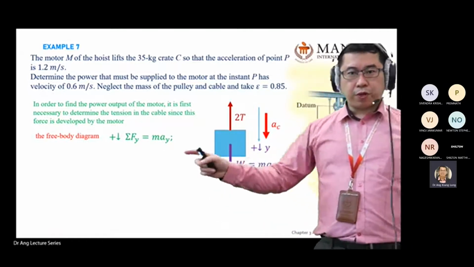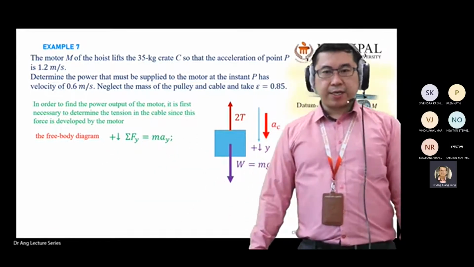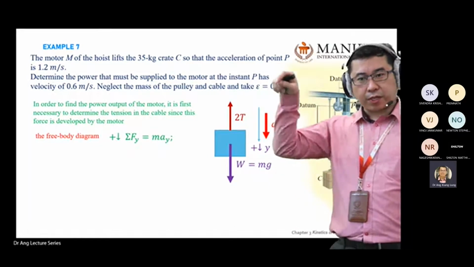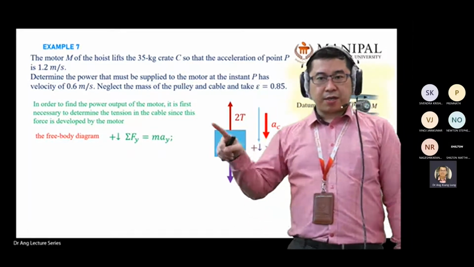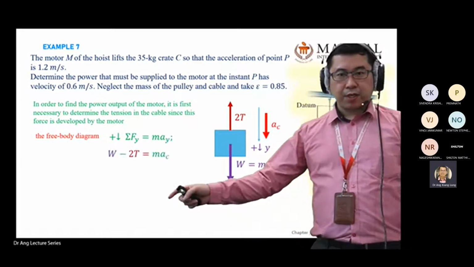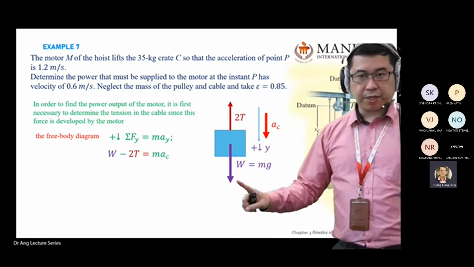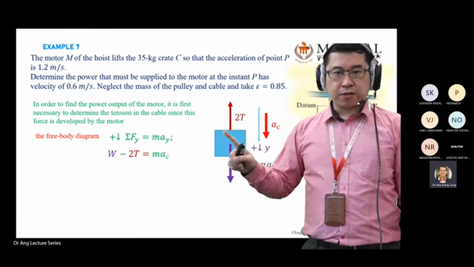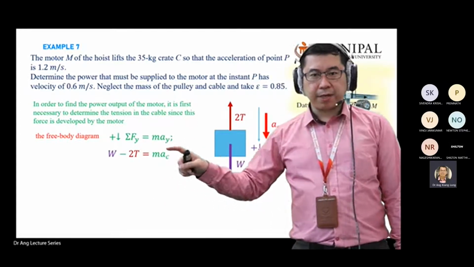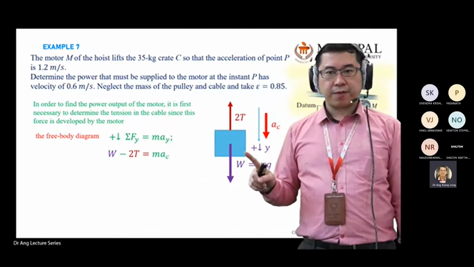So you put all the forces in the free body diagram into the left hand side, according to the reference or datum direction. Going down is positive, so you should be able to write the next step of the equation. So you have W minus 2T, going down positive W, going up negative. So W minus 2T equal to mass multiplied by acceleration of the parcel C here.